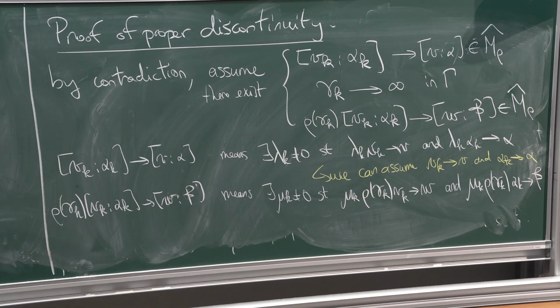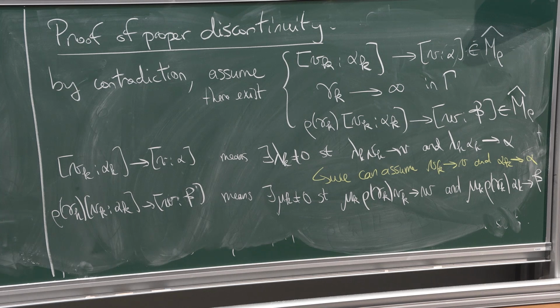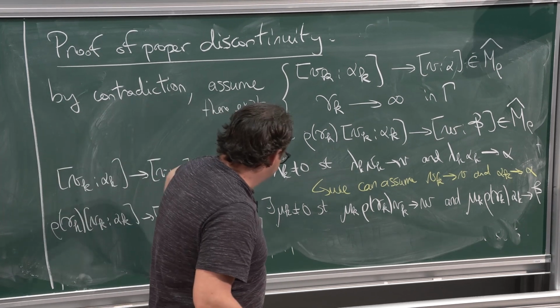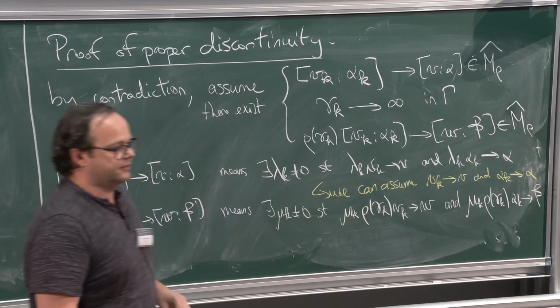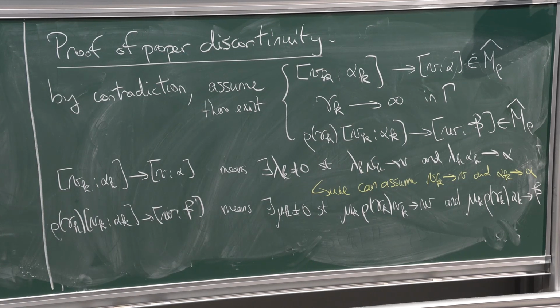But now we can't do that same trick anymore of rescaling a second time, otherwise we're rescaling the first also. So we have to say something about this sequence mu_k.